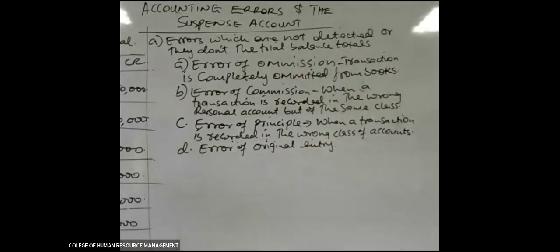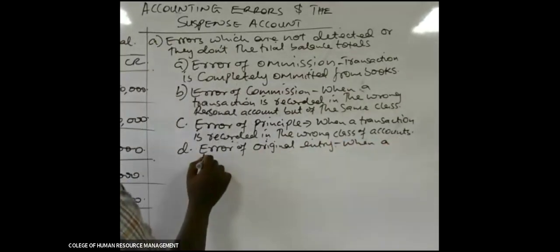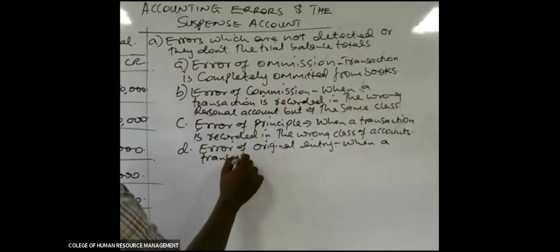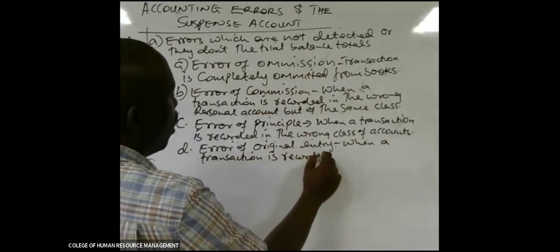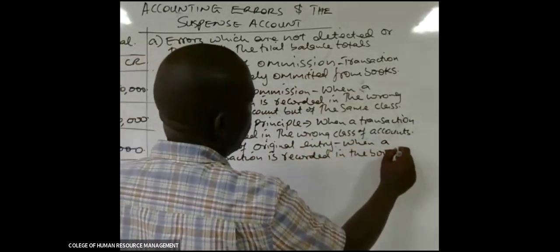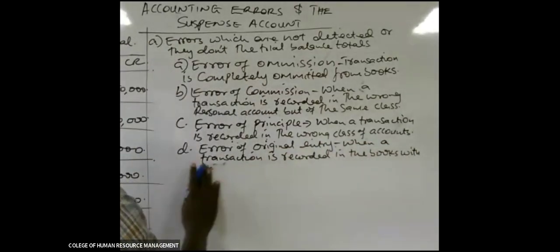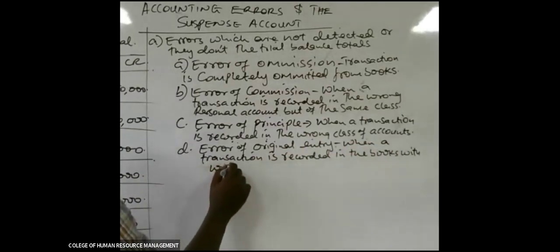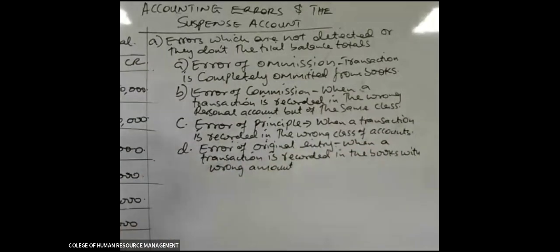The error of original entry. This occurs when a transaction is recorded in the books with the wrong amount.